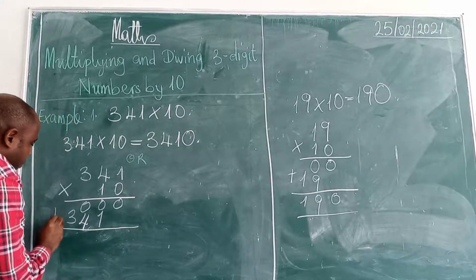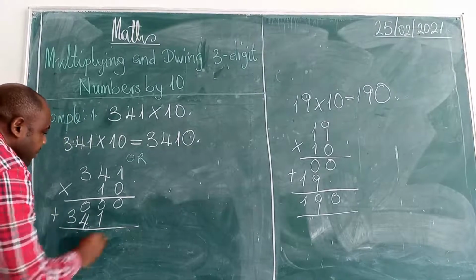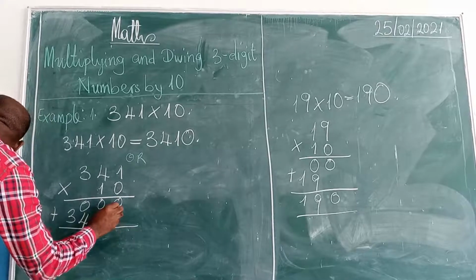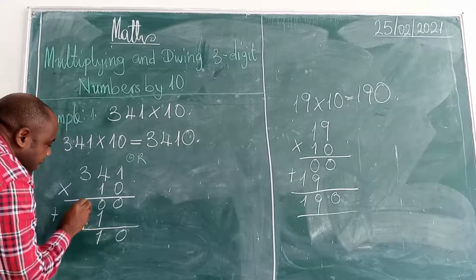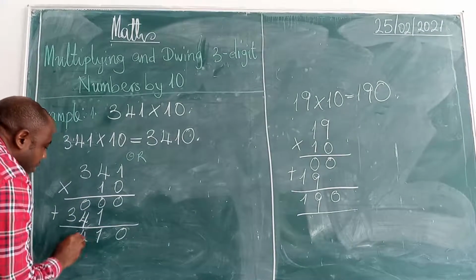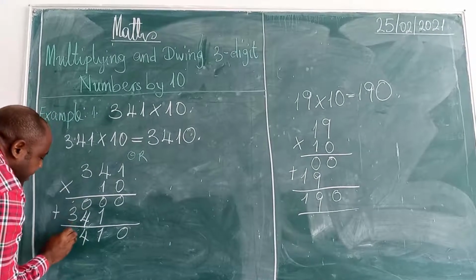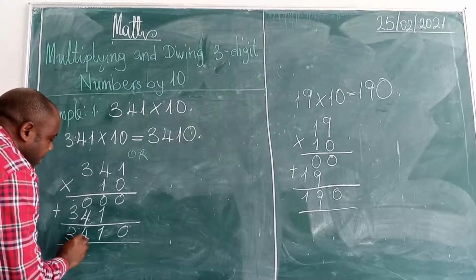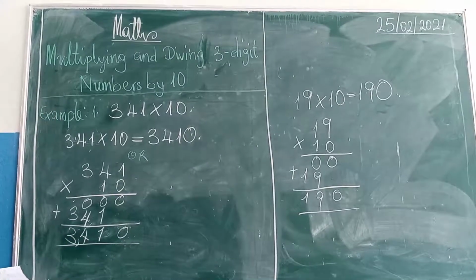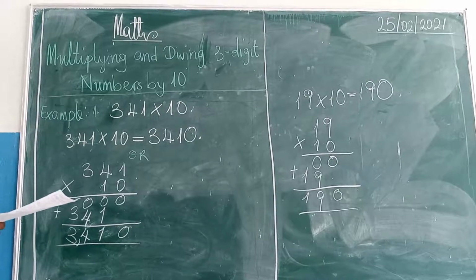So this is our product, we now add. This one will be 0 plus 0 gives me 0. 0 plus 1 is 1. 0 plus 4 is 4. And 0 plus 3 is 3. So my answer becomes 3,410.